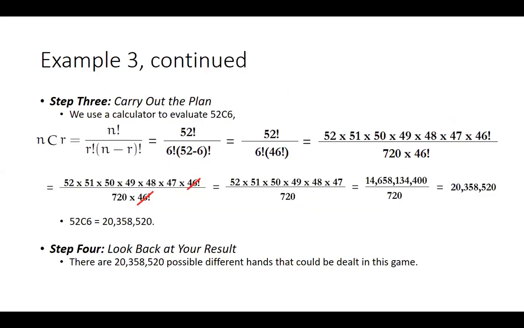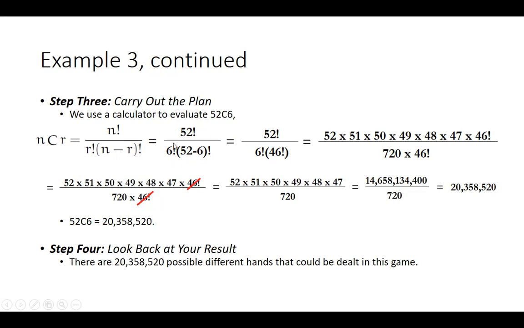So in step 3, we carry out the plan. We can use a calculator to evaluate 52 choose 6, or we can do the entire calculation by hand. nCr is n factorial over r factorial times n minus r factorial. n is 52, r is 6.